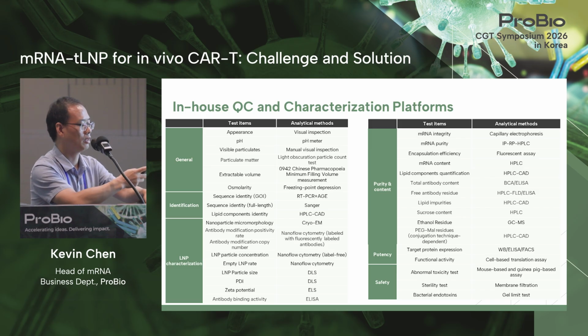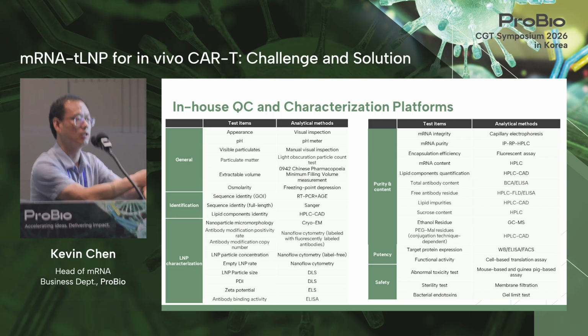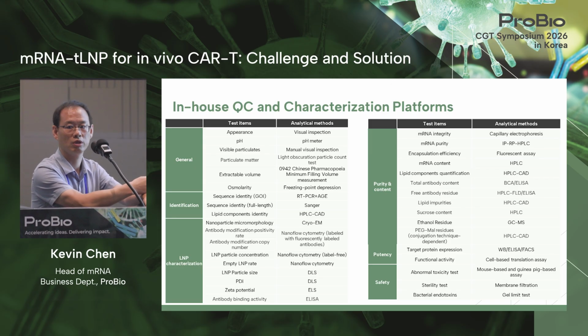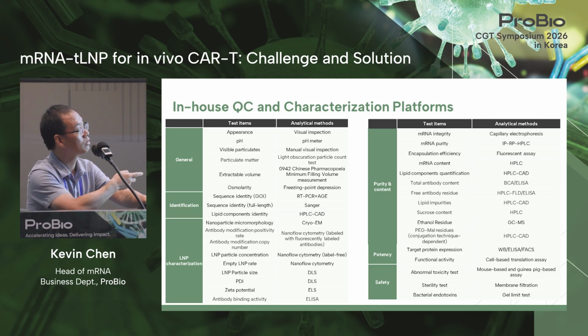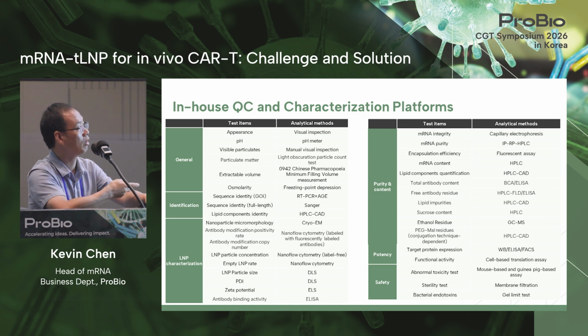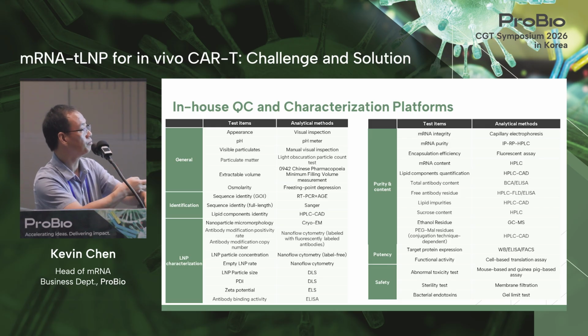And lastly, I want to introduce our in-house QC capabilities. As I mentioned, the mRNA and also the TLNP have much more complicated quality attributes. So we developed different methods to check the samples.